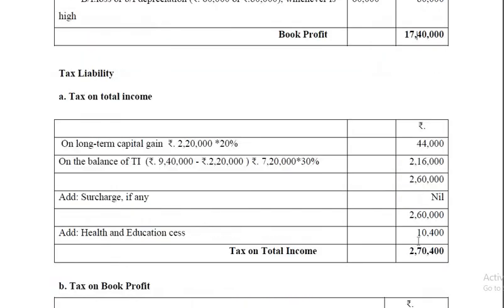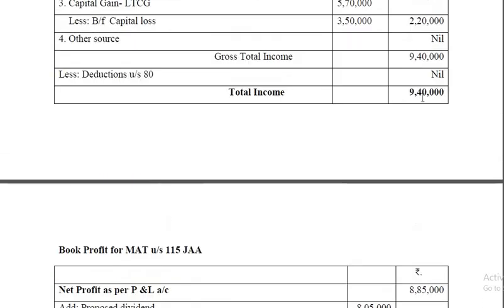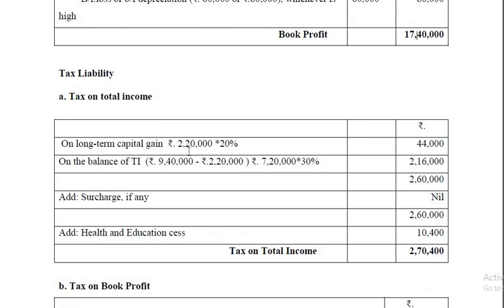Next, tax liability. You have to compute two things, tax on total income and tax on book profit. The tax liability is tax on total income or tax on book profit, whichever is higher. Here total income is 9,40,000. Of that, 2,20,000 is long-term capital gain after set off of a brought forward capital loss.